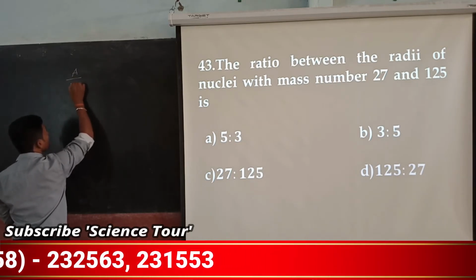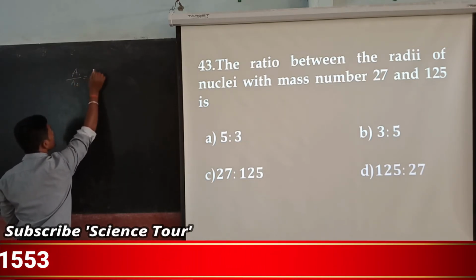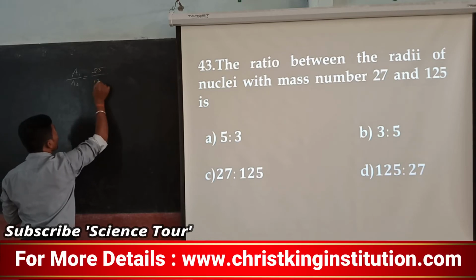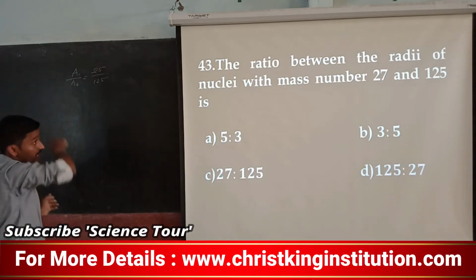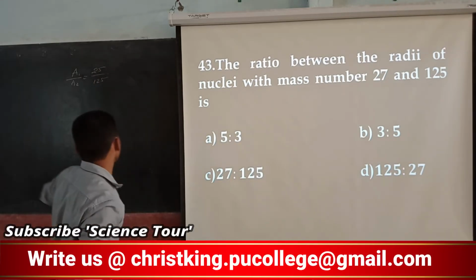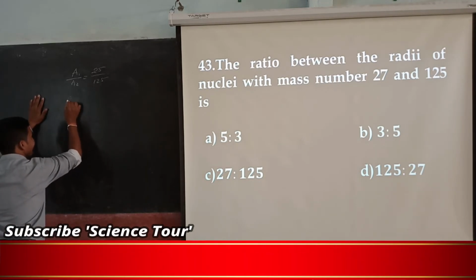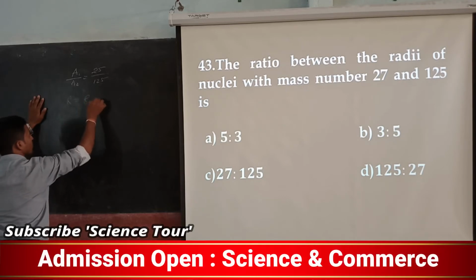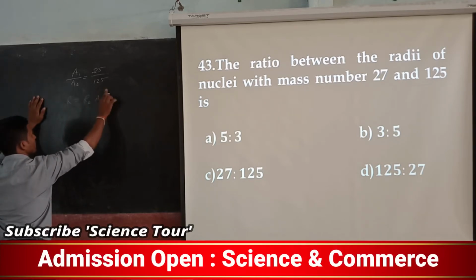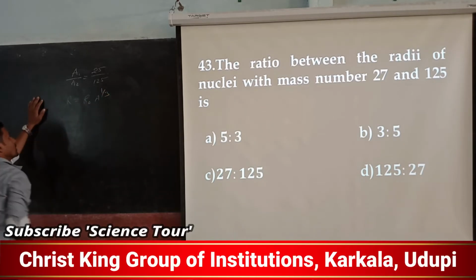Mass numbers A1, A2, 27 and 125. The ratio of radii. So what is the radius? You know that radius is equal to R naught into A to the power 1 by 3.